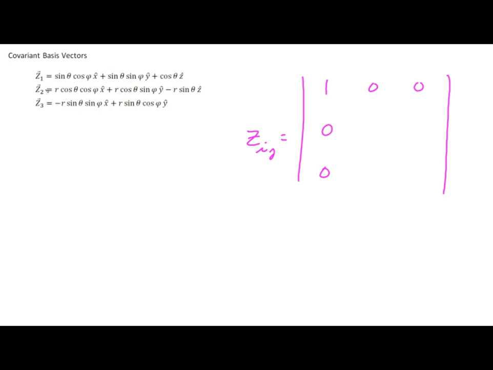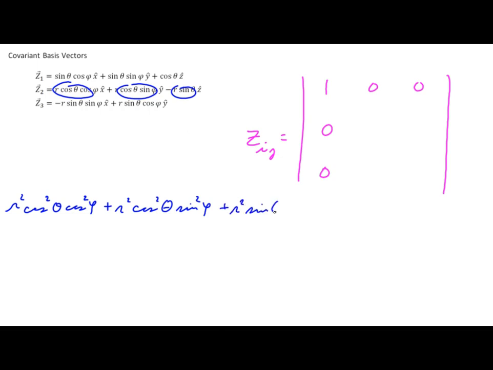Next we need the dot product of z2 with itself. So that means we have to square this term plus the square of this term plus the square of that term. R squared cosine squared theta cosine squared phi. Second term squared is r squared cosine squared theta sine squared phi. And the last term is r squared sine squared theta.